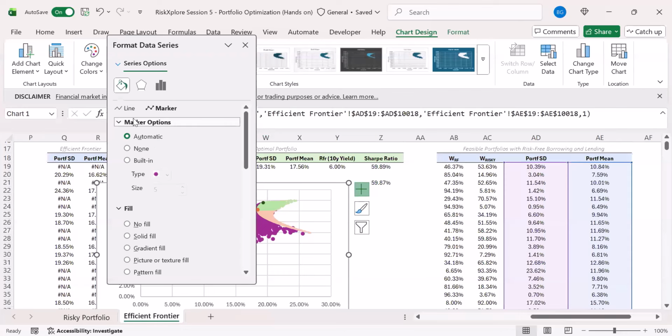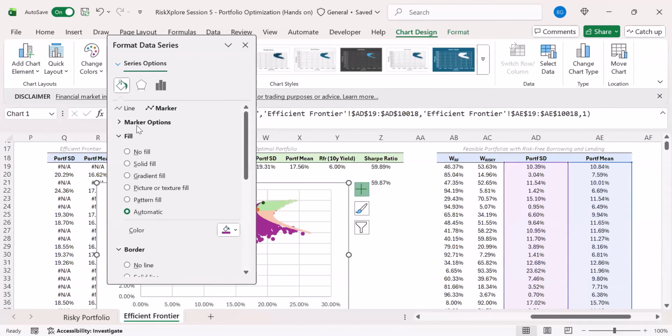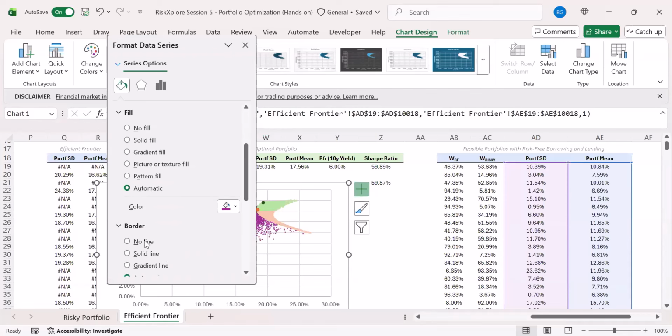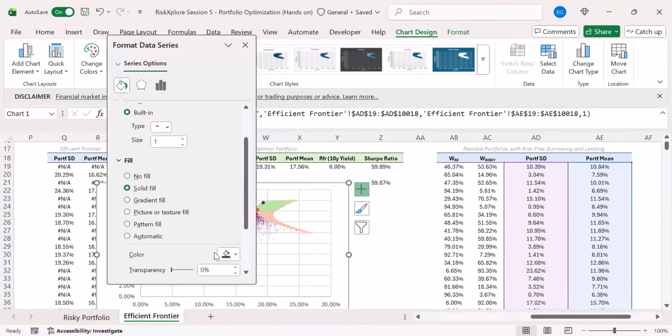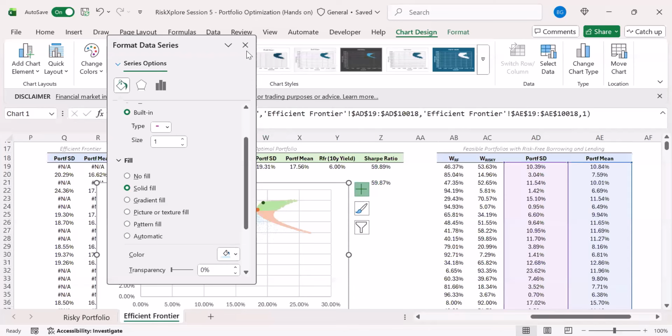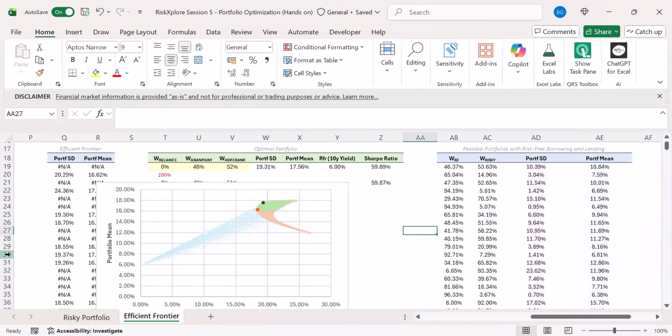Let's change its color. We don't want any line. If we go to marker section, we want built-in marker. Let's use this kind of marker here, and let's reduce its size to let's say 1. And we don't want any border. We want solid fill, and let's say we want this color here being used for all the feasible portfolios. So we have all the feasible portfolios.